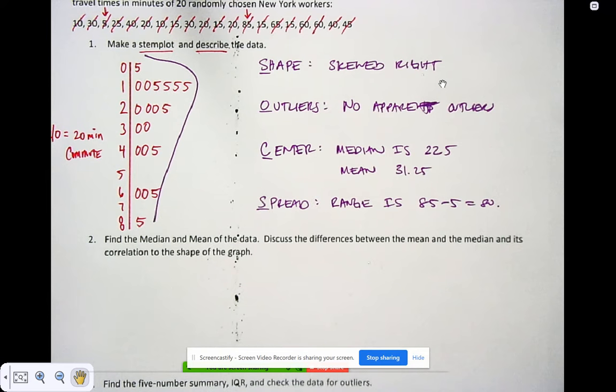You can say the data do not appear to have any outliers. Try to turn it into some type of sentence. The median of the data is 22.5 minutes, while the mean is 31.25 minutes. The range of the data is 80 minutes. A sentence will be better. Nothing here is new; all of that was tested on the last quiz.